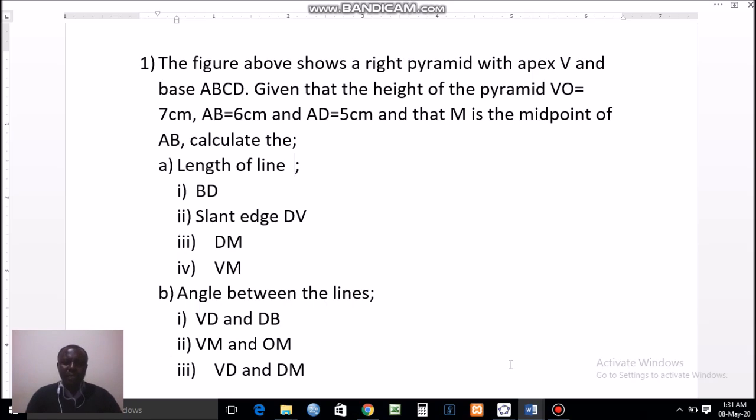Now, this question is a follow-up to the concepts we learned earlier. Remember, or you will recall that in our lesson 1 and lesson 2, we covered the concept of calculating the length of a line in 3D, and also the concept of calculating the angle between two lines in 3D.